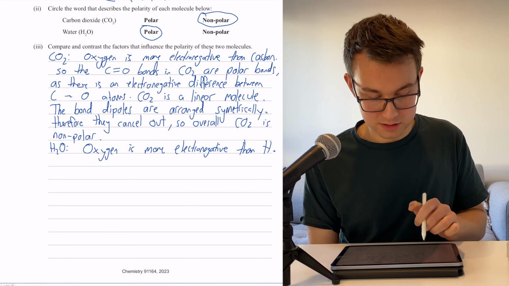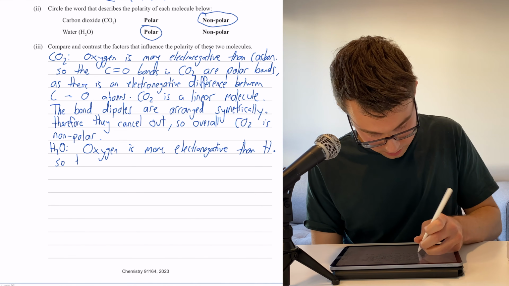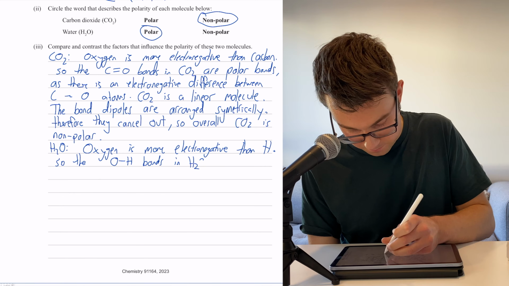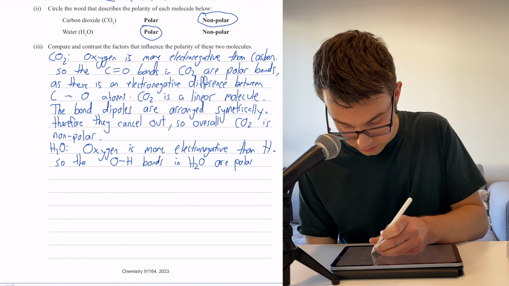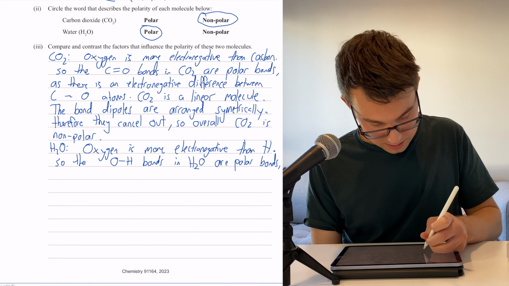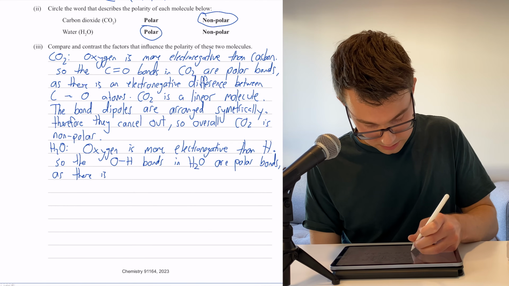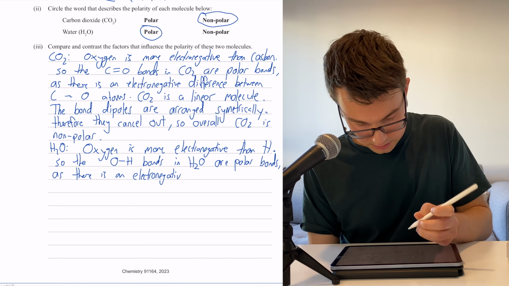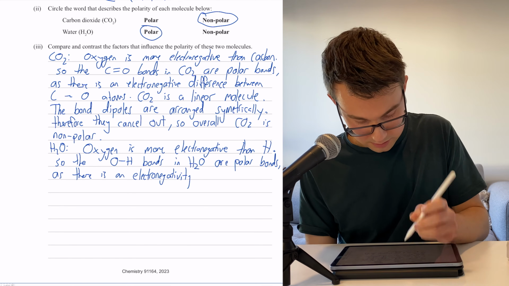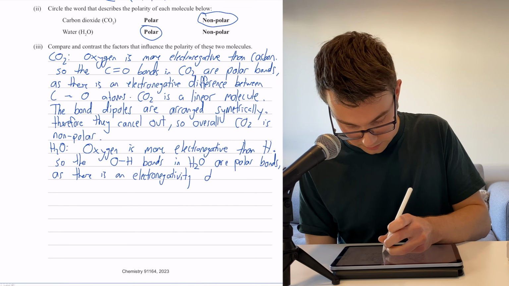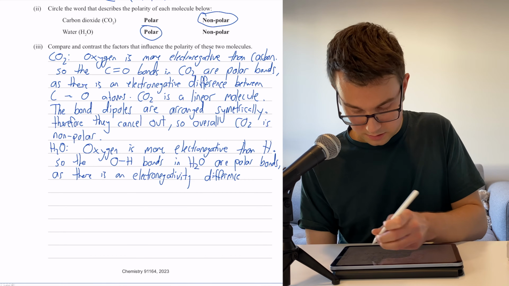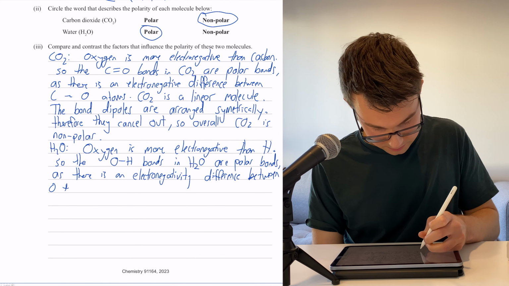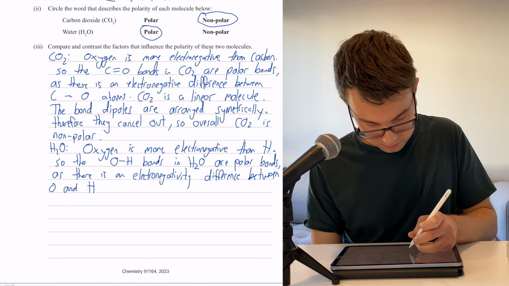Okay, cool. And we can follow the same approach that we did for CO2. So the OH bonds in water are polar bonds, as there is an electronegativity difference between O and H atoms.